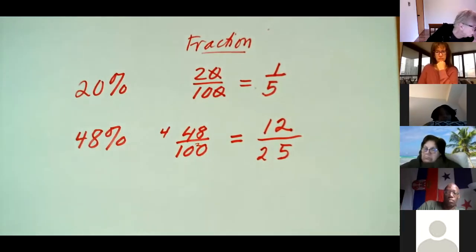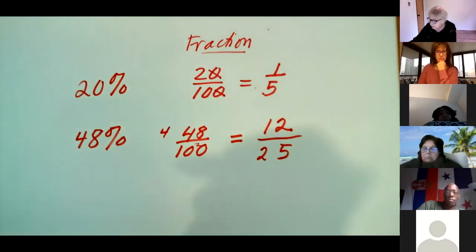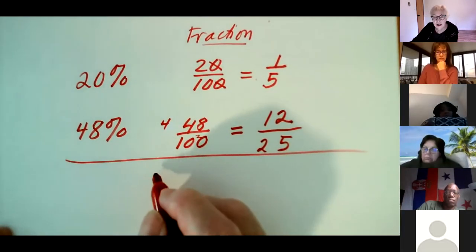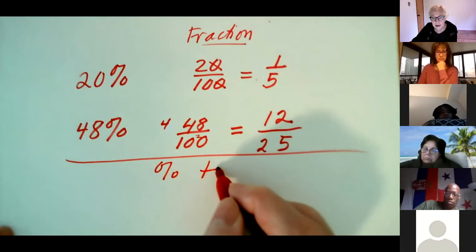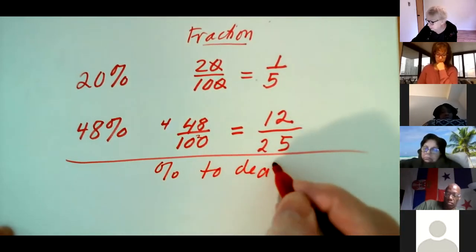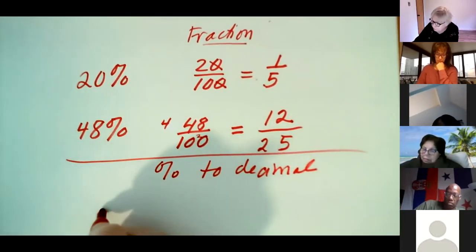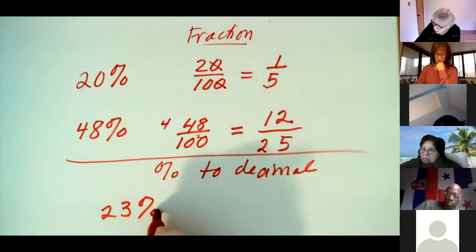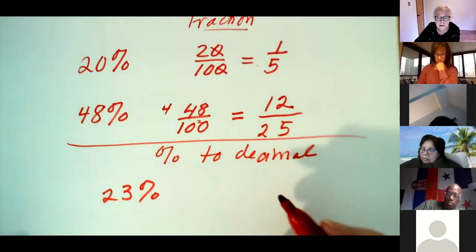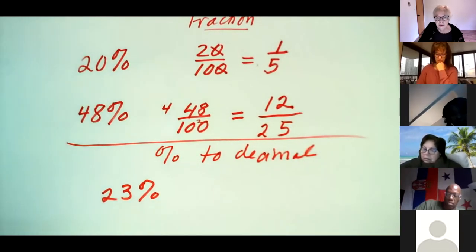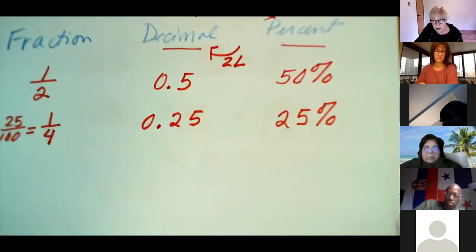Okay. So next one, change the percent. The next set of problems is percent to a decimal. So let's do this one. 23%. Now you might refer back to the table.